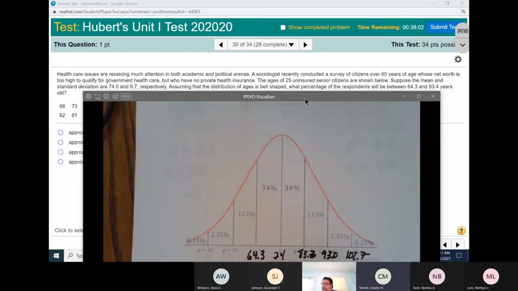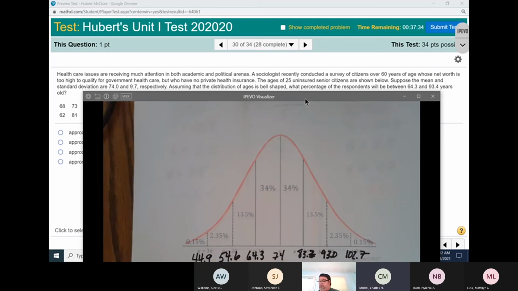And then 64.3 minus 9.7 would be 54.6. Yes, sir. And 54.6 minus 9.7 is 44.9. I hope. Yes, sir, that's right.